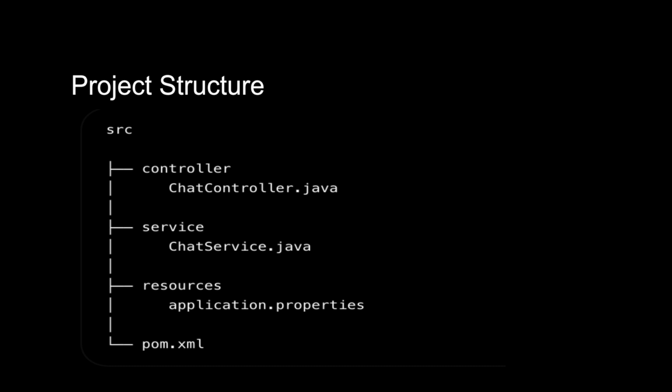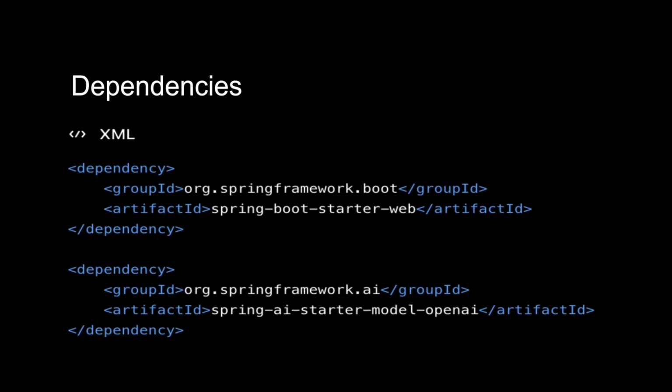This tells Maven which libraries our application needs. One of those libraries is Spring AI. That's it. Now, dependencies. The first dependency is Spring Web. You have probably used this in almost every Spring Boot project. It gives us controllers, REST API, JSON handling, and embedded Tomcat.